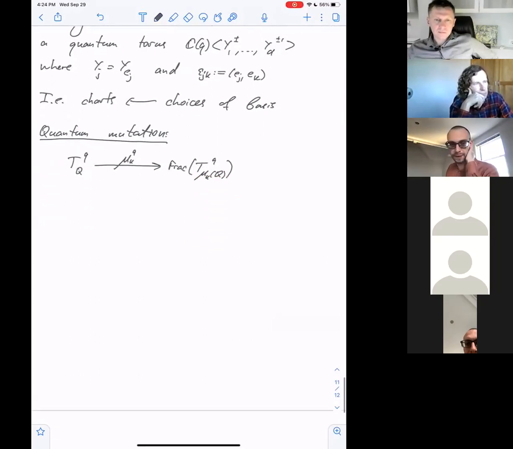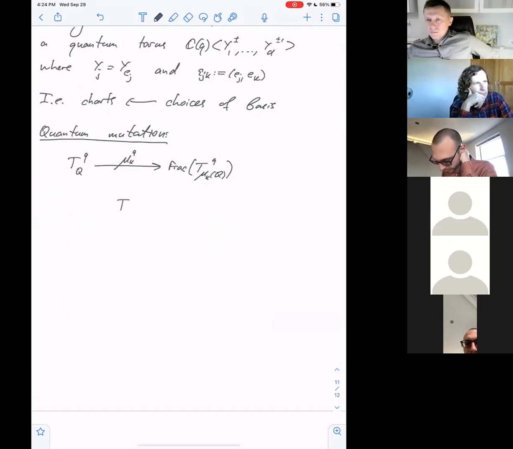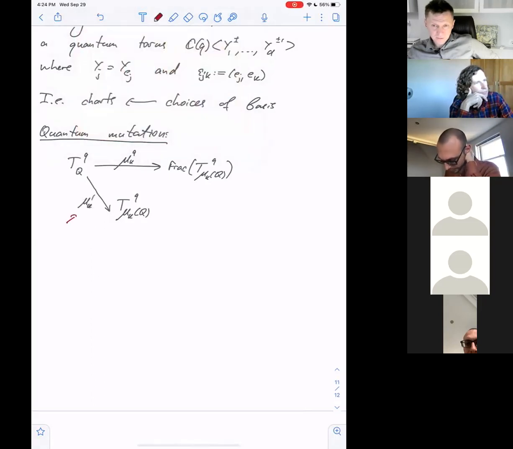And the way we're going to define it, we're going to factor it into two things. We will first define a map from one torus to another. This map, which I'm calling mu_k prime, is just a change of basis in our lattice.